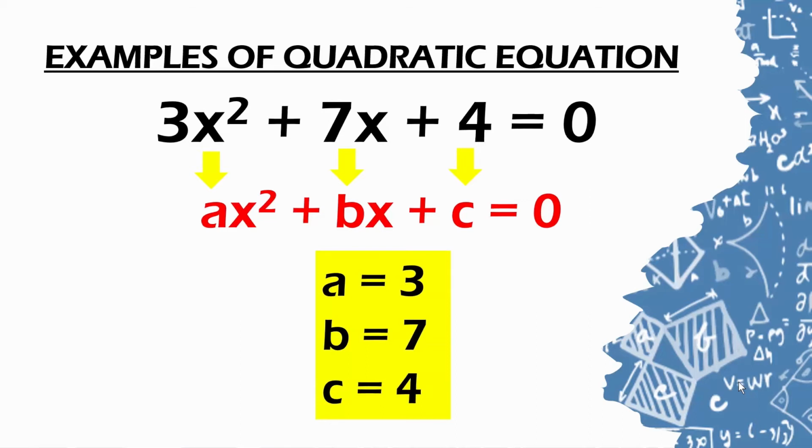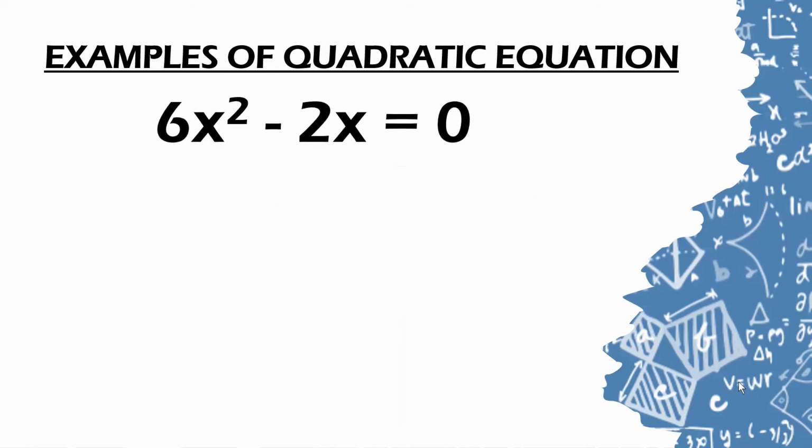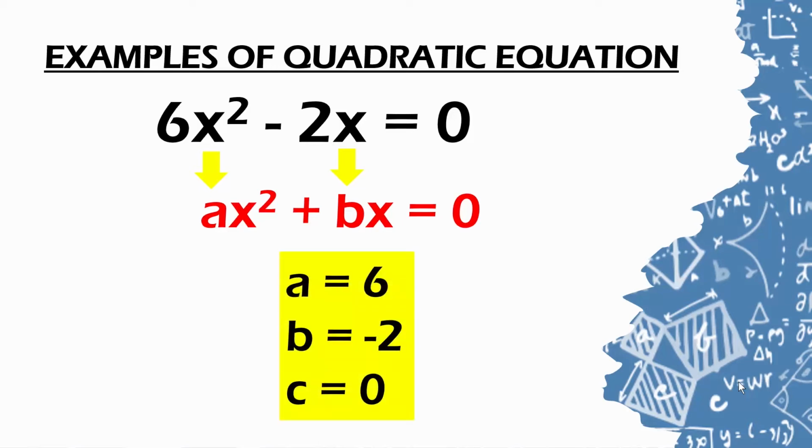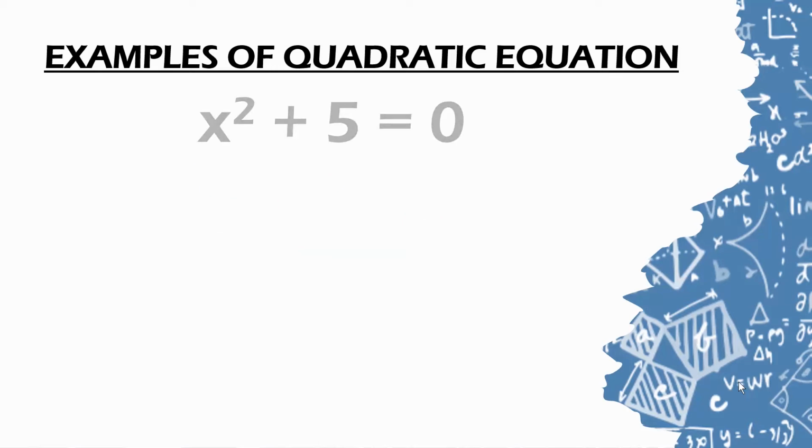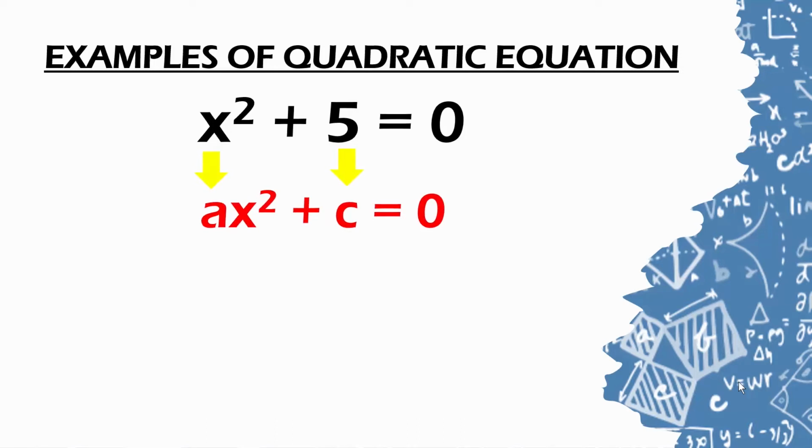In 6x squared minus 2x equals 0, a equals 6, b equals negative 2, and c equals 0. Our next example is x squared plus 5 equals 0, where x squared is our quadratic term and 5 is our constant term.